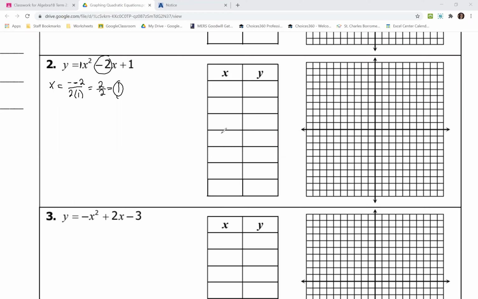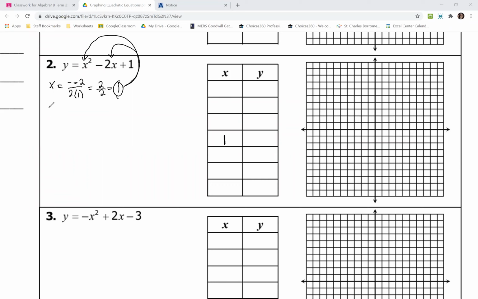So when I'm plotting that, I'm going to put the 1 right in the middle on my table, and then I'll find the x values that are on either side of that 1. Now let's plug it into our equation and find out what that y value is, okay? Maybe I'll show you this notation.